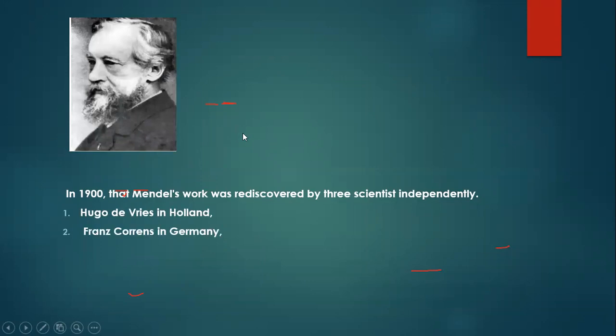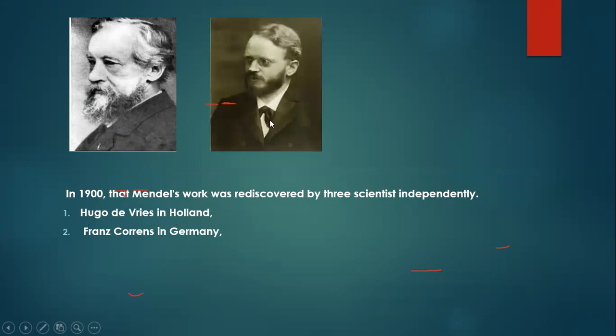In 1900, Mendel's work was rediscovered independently by three scientists. The first was Hugo de Vries from Holland, then Franz Correns in Germany, and the third was Erich Tschermak in Austria.